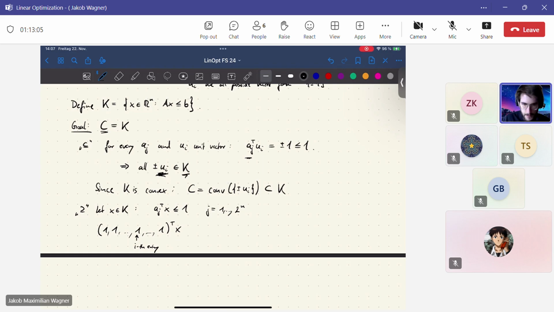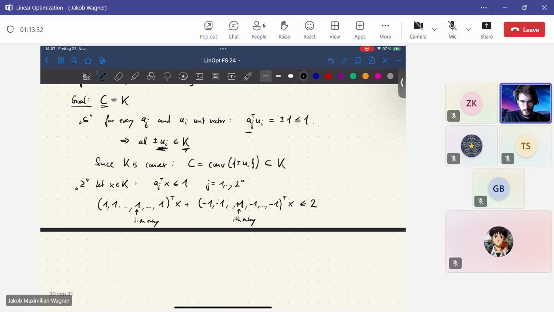We know that this times x is less or equal than 1. And we have a look at the vector composed of all minus ones, except for the ith entry where we have a plus 1. Then ith entry.